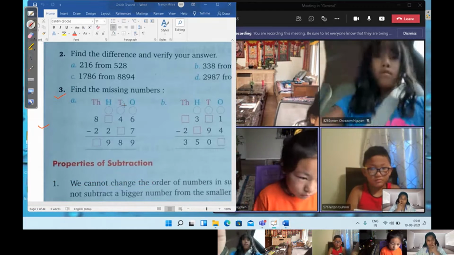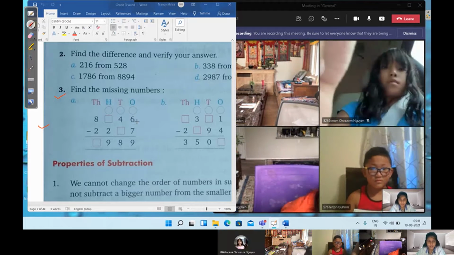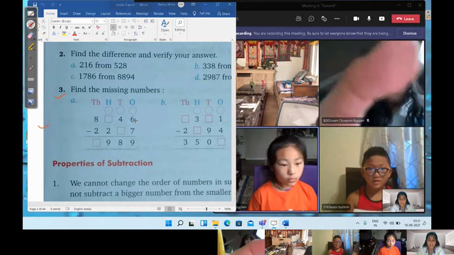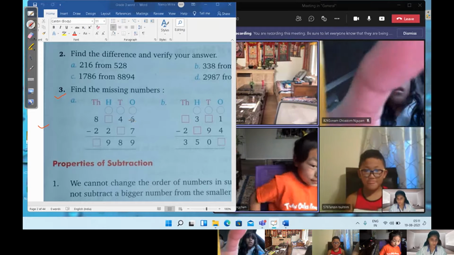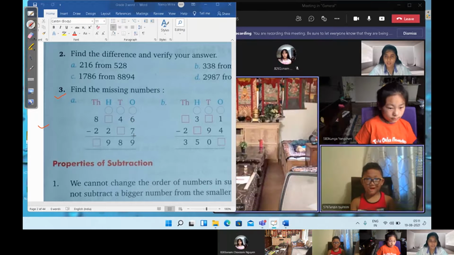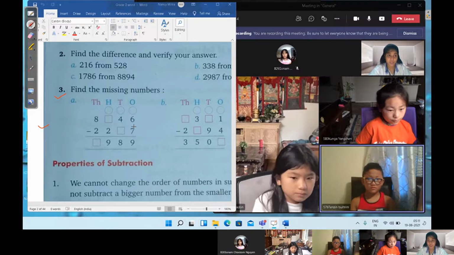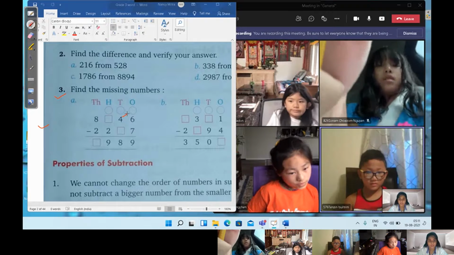For example, listen to me. Here is 6. You have the number 6, and the question says we have to subtract 7. Is it possible? No. Because we have a smaller number for the subtraction, so we have to take a carry.